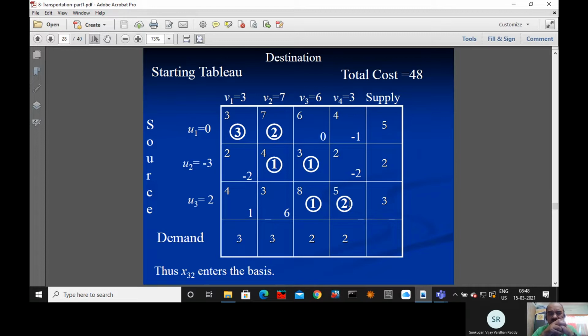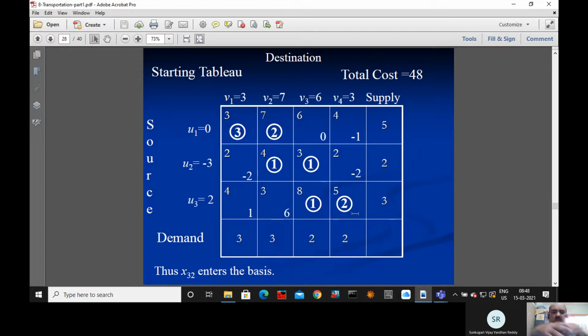Altogether, there are 6 allocated cells: cell 11, cell 12, cell 22, cell 23, then cell 33, then cell 34. These are the 6 allocated cells.